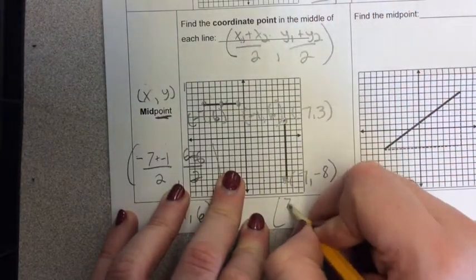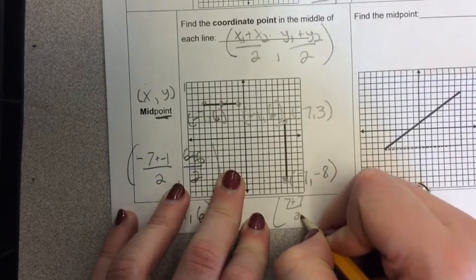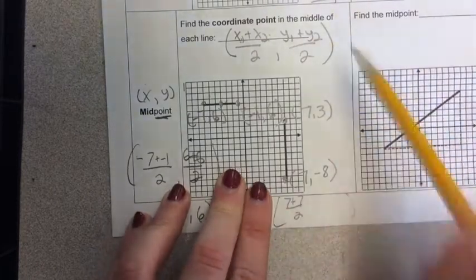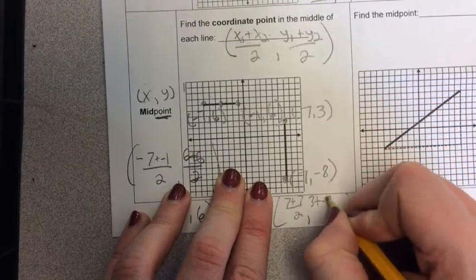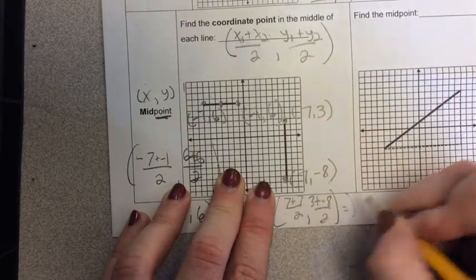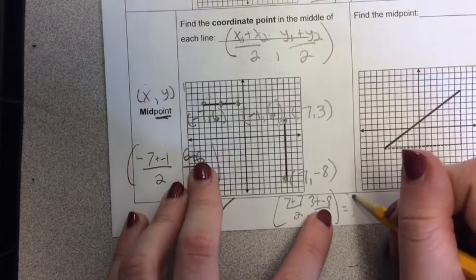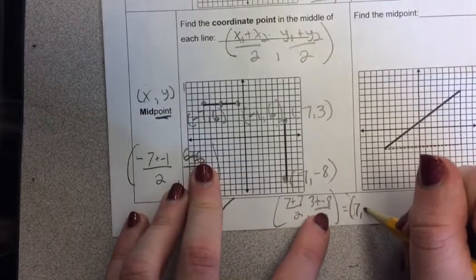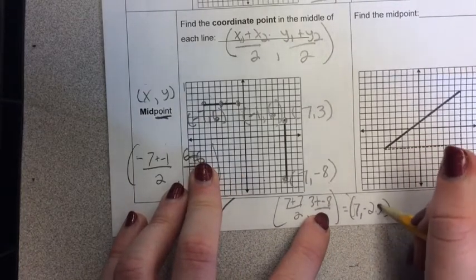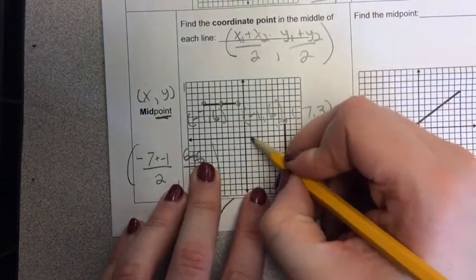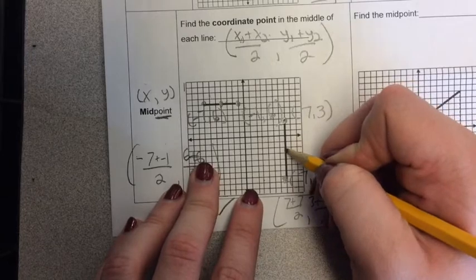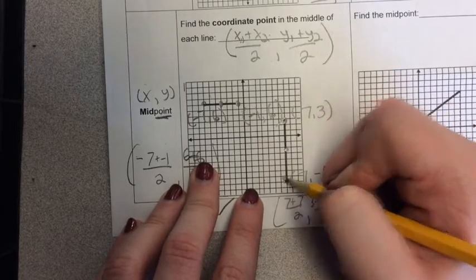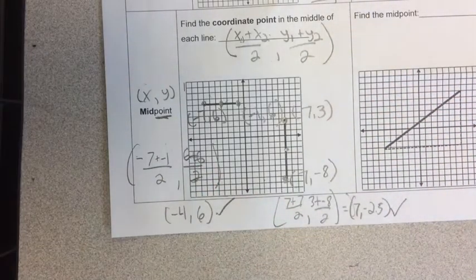So 7 plus 7, divide by 2. 3 plus negative 8, divide by 2. And then this simplifies to 7 and negative 2.5. Let's see if that makes sense. So 1, 2, 3, 4, 5, 6, 7, negative 2.5. That does look like it's in the middle, so we did it correctly.